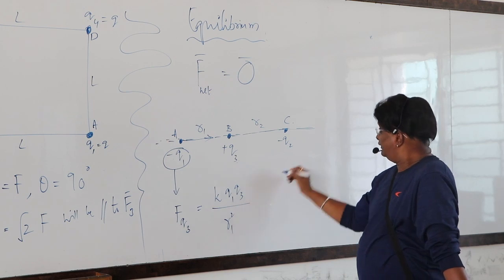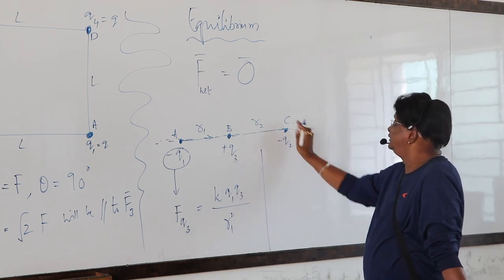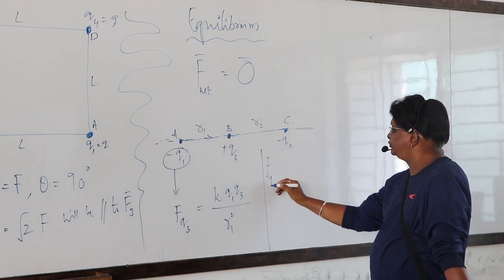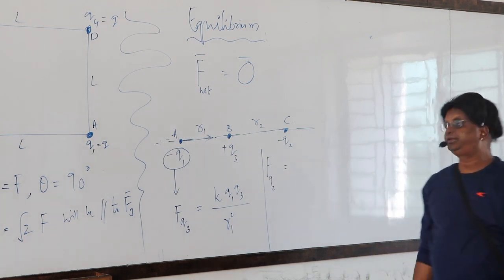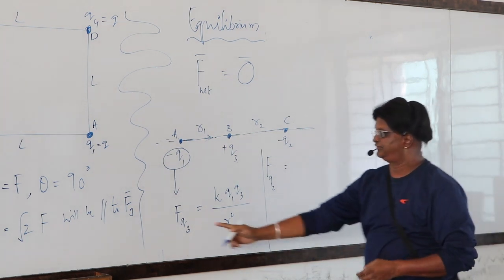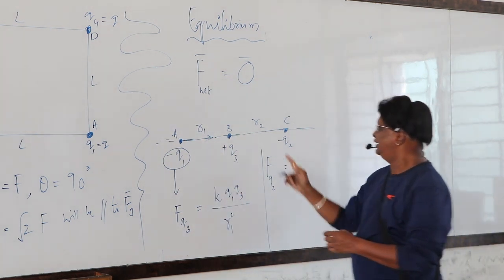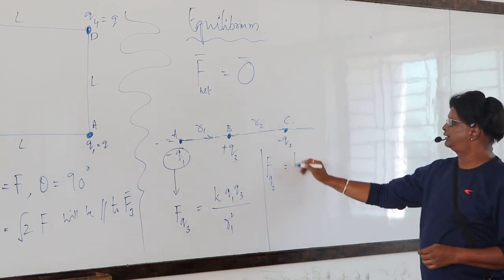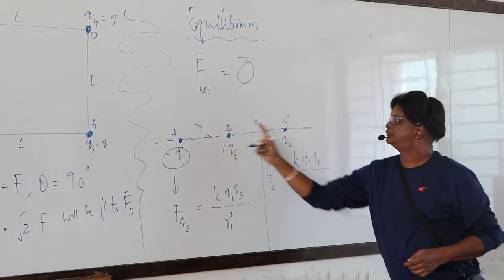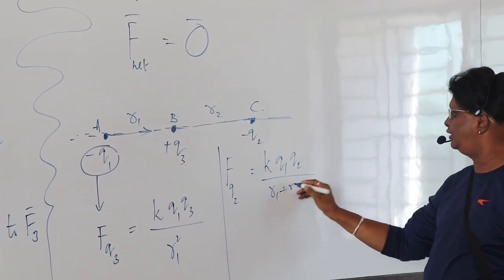Now what is the force on Q1 due to Q2? Therefore I am writing the force due to Q2. It is not the force on Q2, this is the force due to Q2, and this is the force due to Q3. This F Q2 will be K Q1 Q2 by R1 plus R2 whole squared, since the separation between Q1 and Q2 is R1 plus R2.